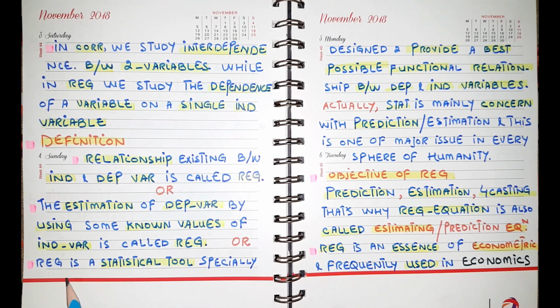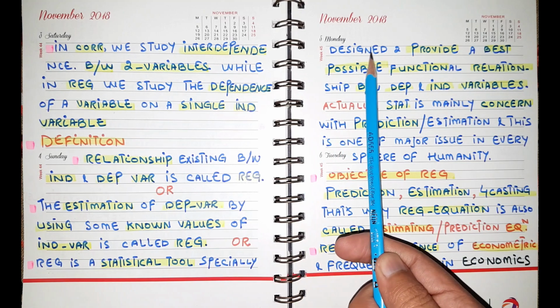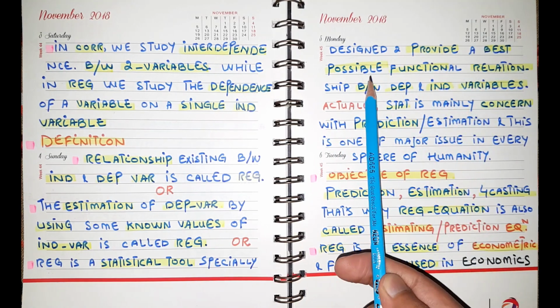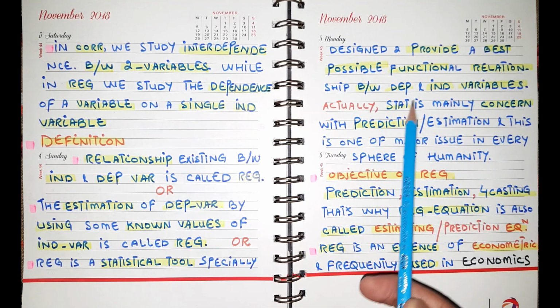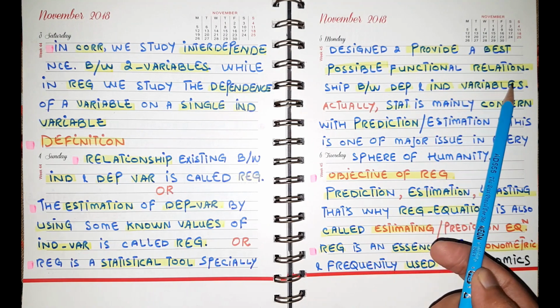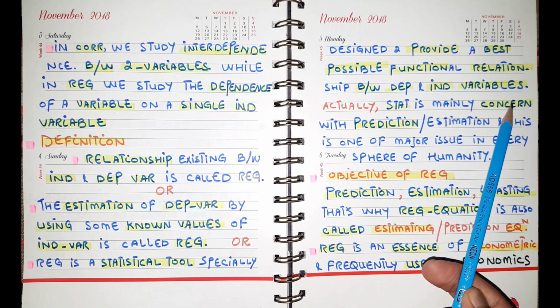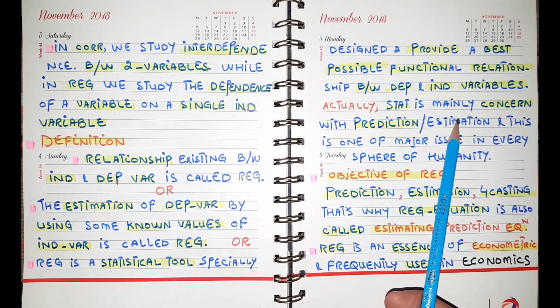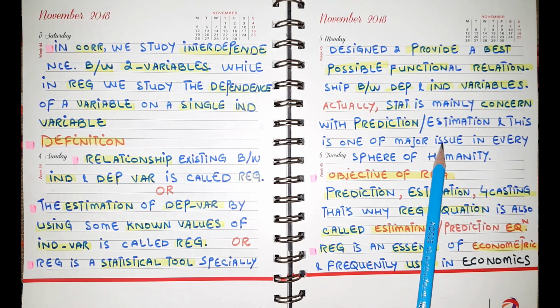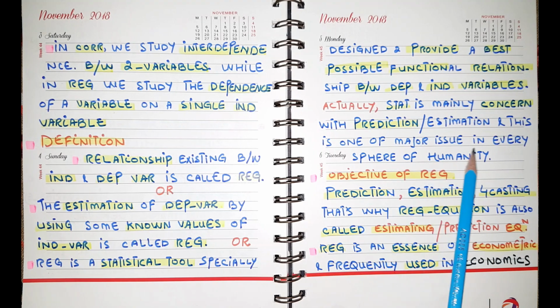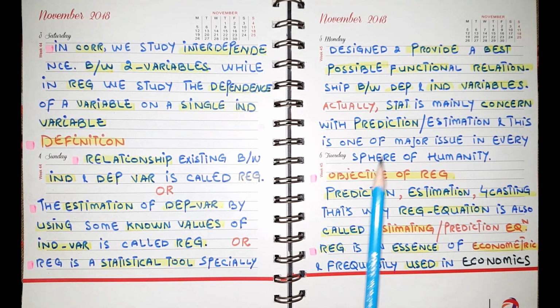The third one: regression is a statistical technique, a statistical tool specially designed to provide the best possible functional relationship between dependent and independent variables. Actually, statistics is mainly concerned with predictions and estimations, and this is one of the major issues in every sphere of humanity.